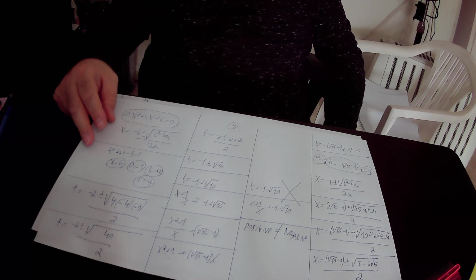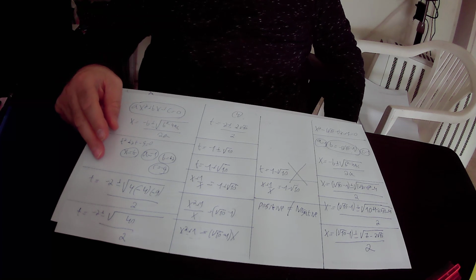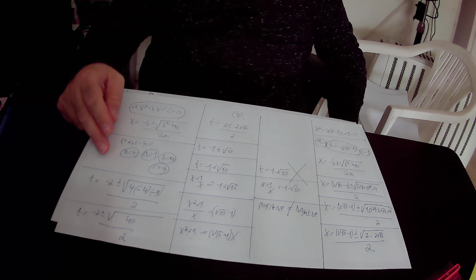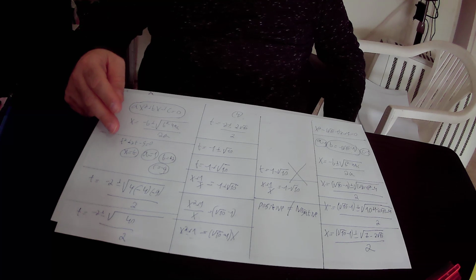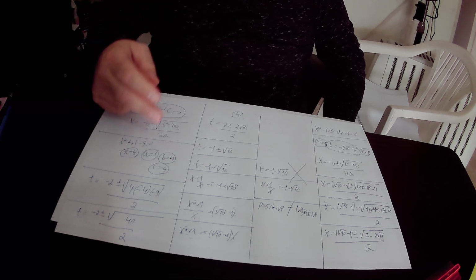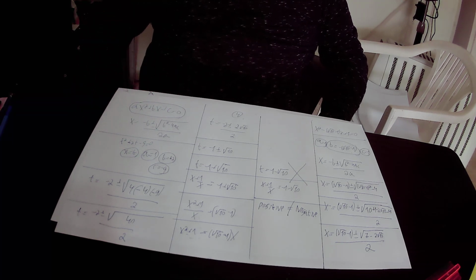So we did it, and we got that t equals minus b. B equals 2, so minus b is minus 2, plus minus square root of b squared. B equals 2, b squared is 2 squared, 2 squared is 4, minus 4 times ac.